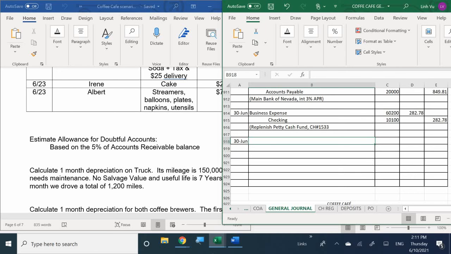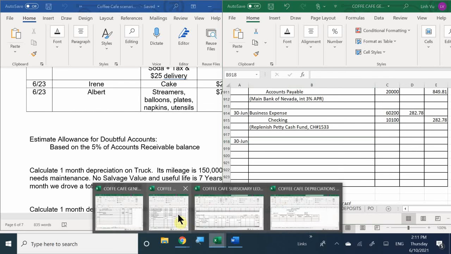Where can we find our account balance in our accounts receivable? Two ways: the trial balance we just did, or straight to the ledger? Perfect. Okay, we'll go straight to the ledger.